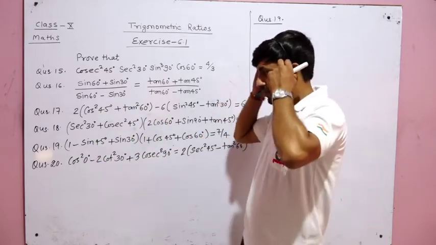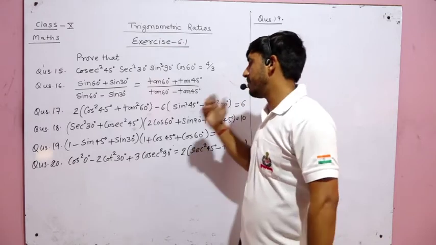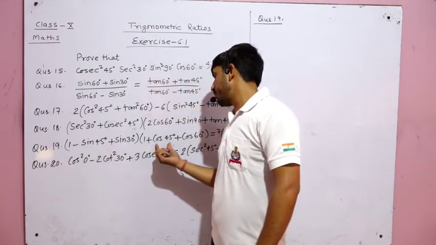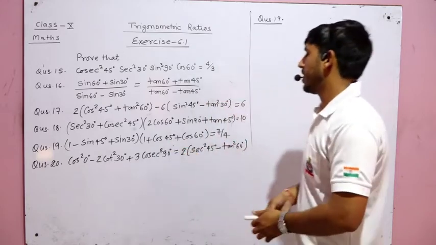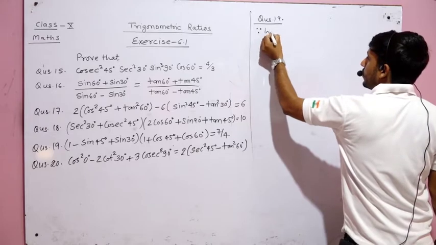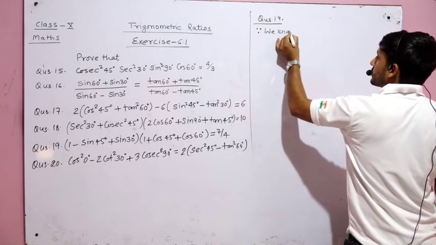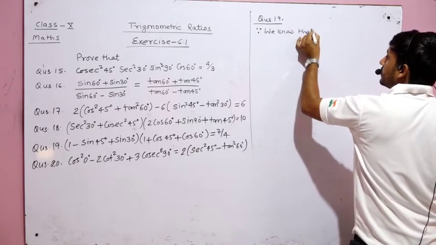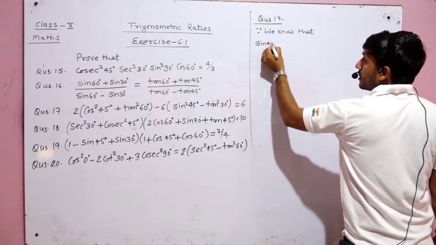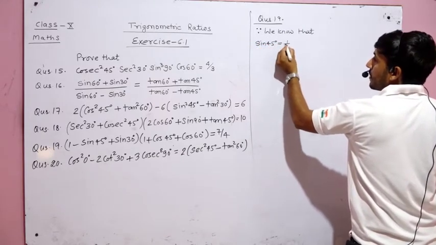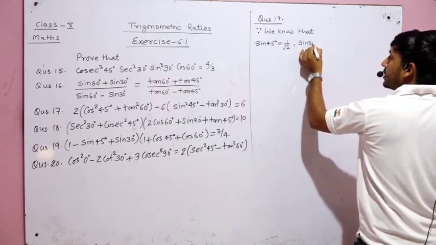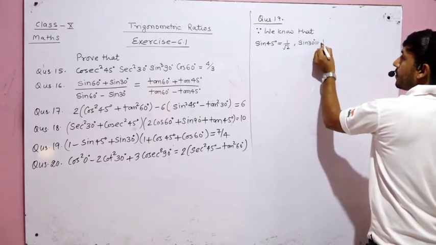In the LHS we can see we need the values of sine 45 degree, sine 30 degree, cos 45 degree and cos 60 degree. As we know, sine 45 degree is equal to 1 by root 2, sine 30 degree is equal to 1 by 2.